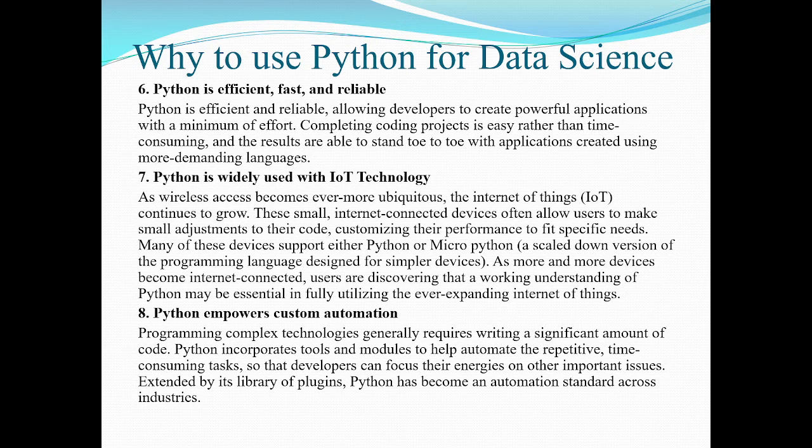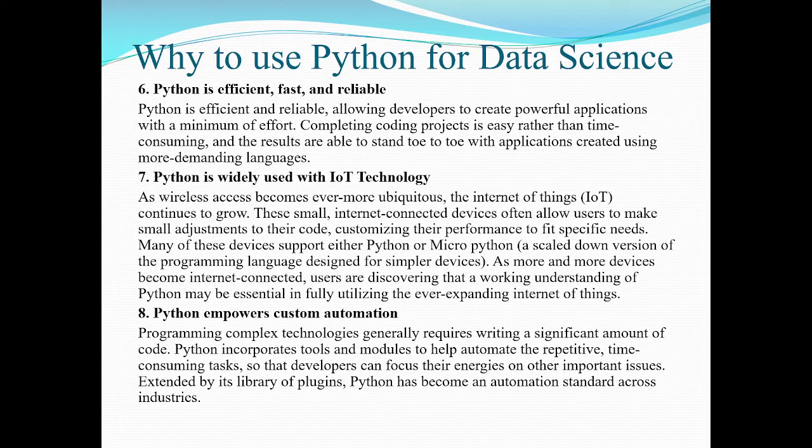Why? Because as we said earlier, it has many libraries and packages available. Completing coding projects is easy rather than time consuming, and the results are able to stand toe to toe with applications created using more demanding languages.